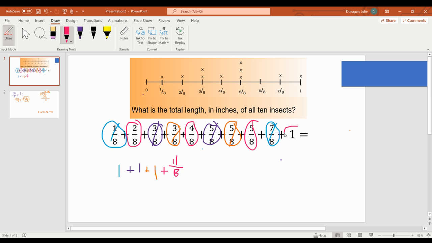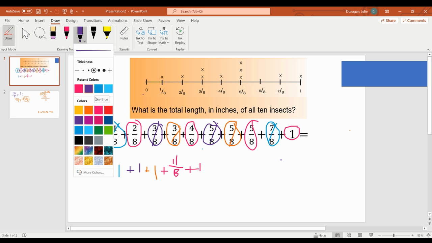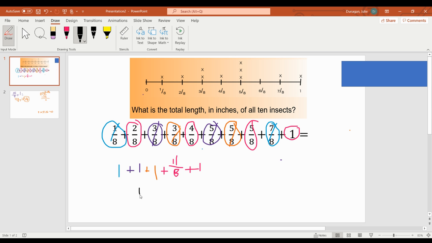And don't forget this guy over here, right? We need this whole, plus 1. So now let's take a look. How many wholes do we have? Well, we have 1, 2, 3, 4 whole numbers. So now we have 4 plus 11 eighths.